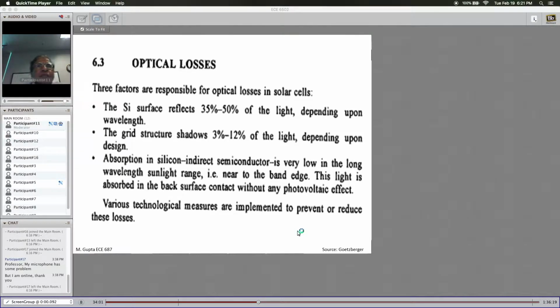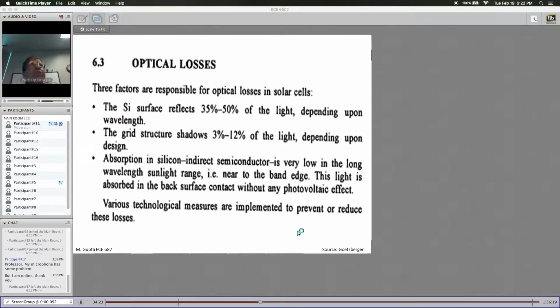Okay. So the optical losses can arise from several reasons. One is the surface reflection. The surface of silicon can reflect 35 to 50% of the sunlight, depending on the wavelength.